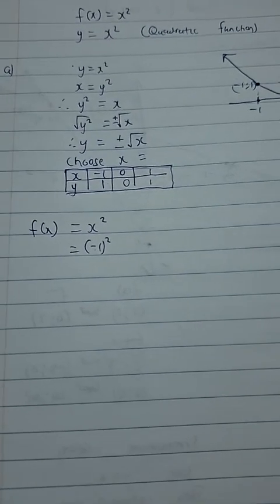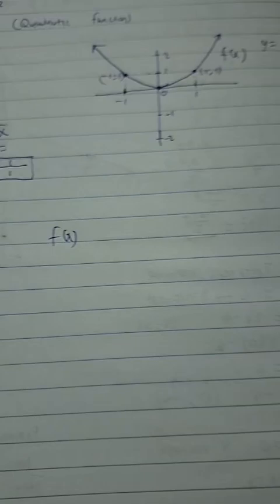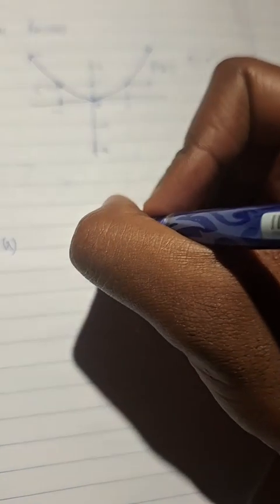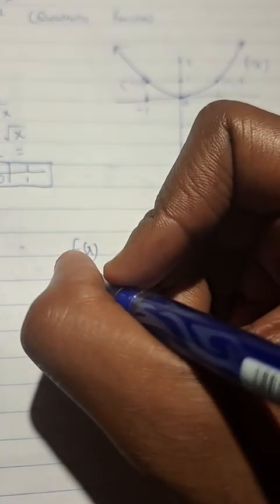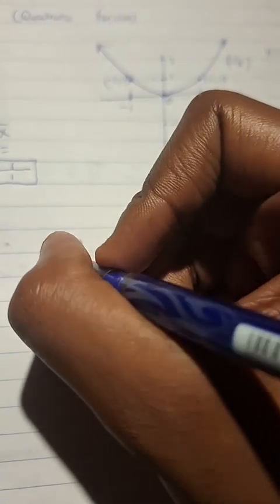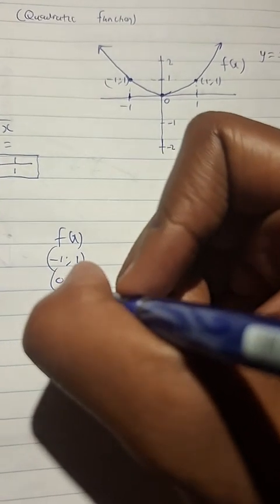Now, I want us to look at the fact that we sketched f of x, but we want to sketch at the same time the inverse of the function. Remember, I used 3 points. I had -1 and 1, I had 0 and 0, I had 1 and 1.